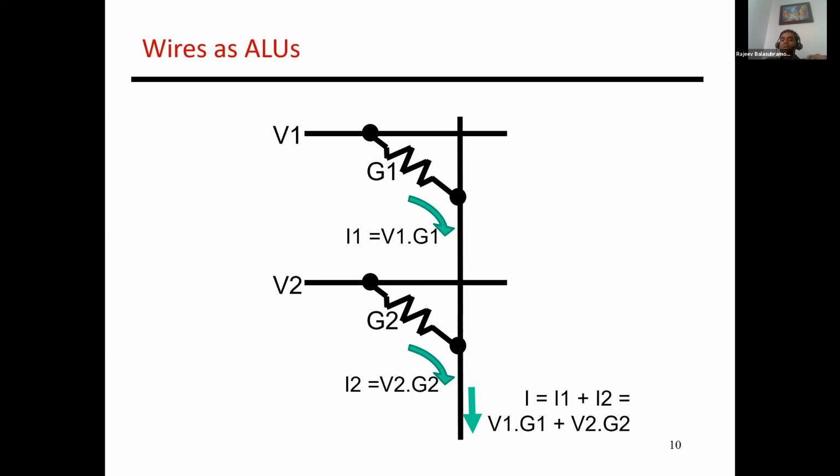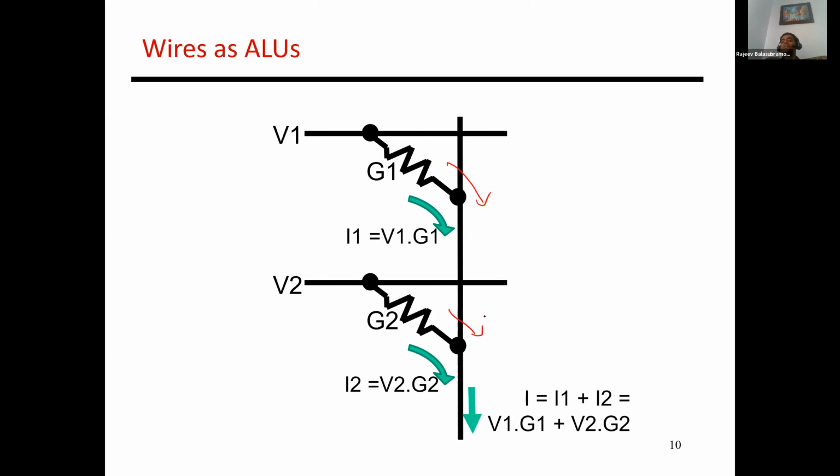Okay, so here's how you would do that. In this example, I have 3 different wires: 2 horizontal wires, 1 vertical wire, and I have a resistor connecting each horizontal wire to the vertical wire. If I apply voltages V1 and V2 to the 2 horizontal wires, it's injecting current into that vertical wire. If these 2 resistors have conductances of G1 and G2, you're injecting current V1 times G1 over here, and V2 times G2 over here.